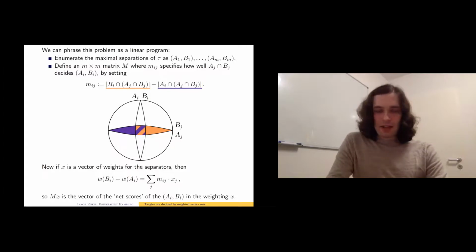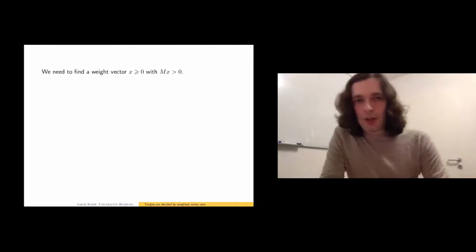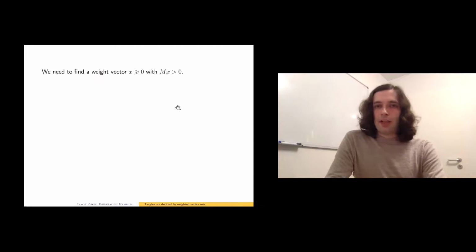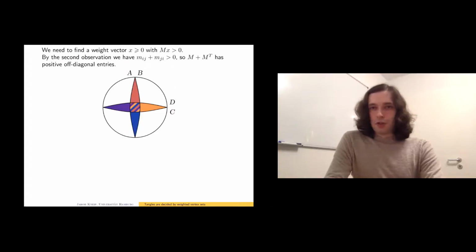And doing that is a fairly routine application of the Farkas lemma from linear programming. So again, we're looking for a vector of non-negative weights that makes this product here positive, and I'm using these as coordinate-wise inequalities here. And we are going to use for this the second observation.